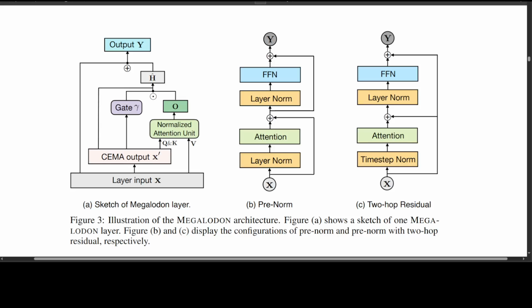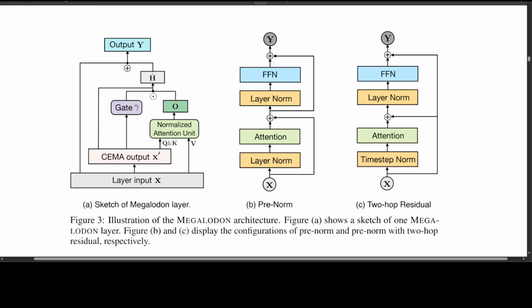Now, to reduce the quadratic complexity in the full attention mechanism, MEGA simply splits the sequences of queries, keys, and values into chunks of length c. And then the attention is individually applied to each chunk, yielding linear complexity.